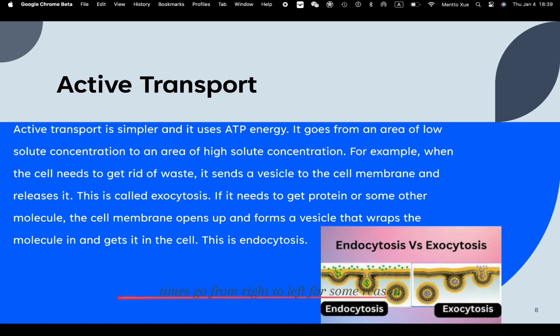Time goes from right to left for some reason. And this vesicle made of cell membrane just sucks this molecule, wraps it around, and sends it inside as a vesicle.